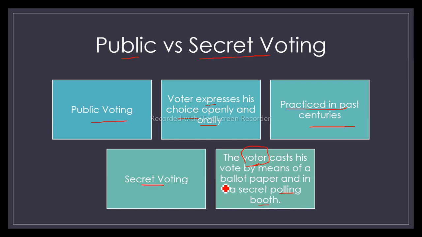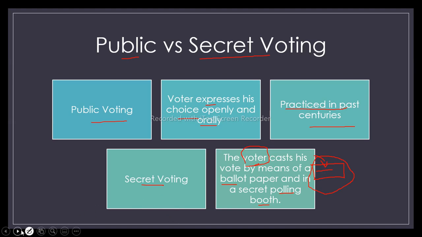He has a ballot paper there, and he ticks his choice of candidate, and then in the polling booth he drops his ballot paper into the ballot box, and the ballot boxes are only opened after everyone has cast their votes and it's time to count the votes. So this is how secret voting is done.